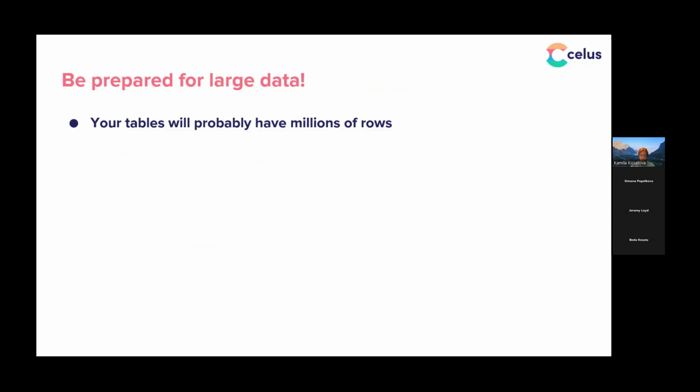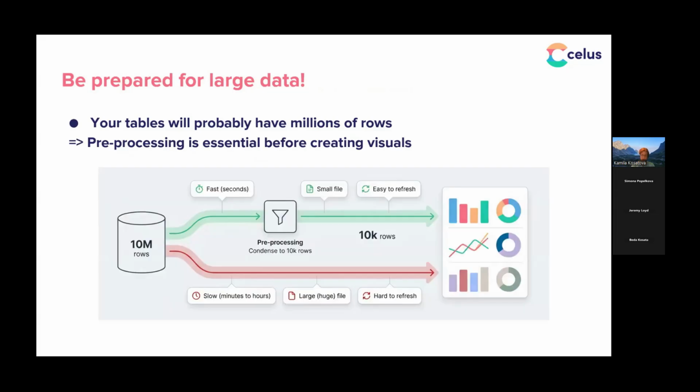They will probably have millions of rows, which is no problem for CELUS. It's no problem for ClickHouse, but it would not be fast and not easy to manage in Power BI. So it's good, before you start creating your visuals, to pre-process your data, and I will show how to do it.